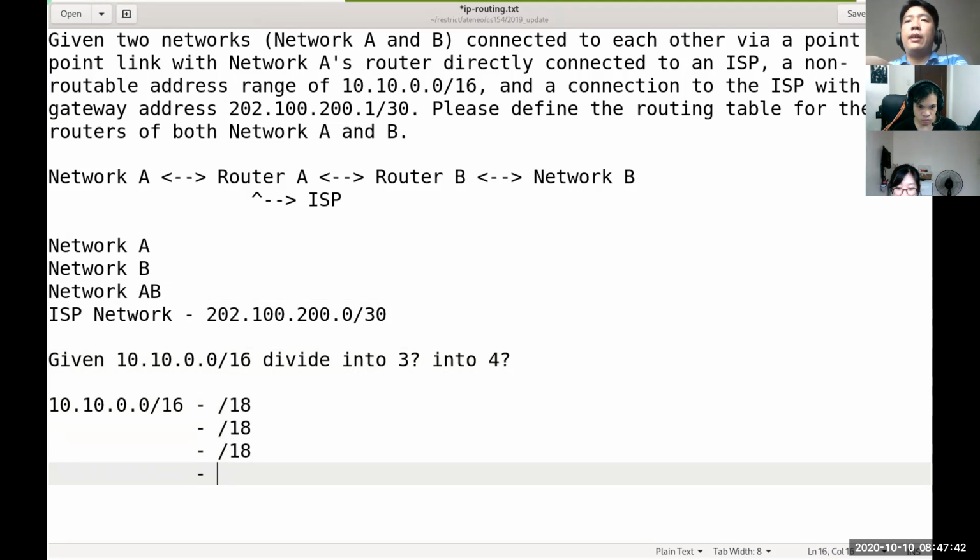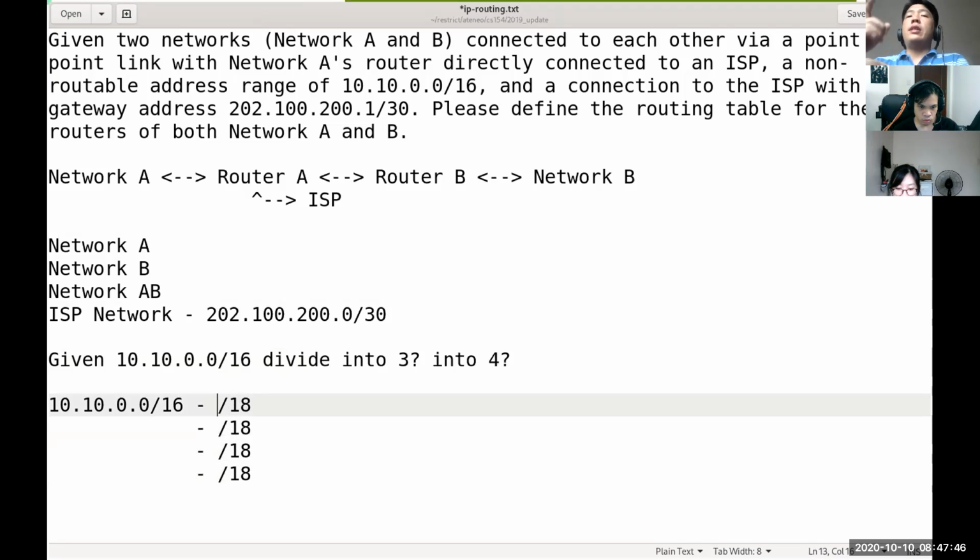Right, so divide it into 4. Since it is /18, in this case 16, 17, 18, that is the third byte boundary. So this is between 24 and 16. Therefore, it's the third byte boundary, so the third number changes.